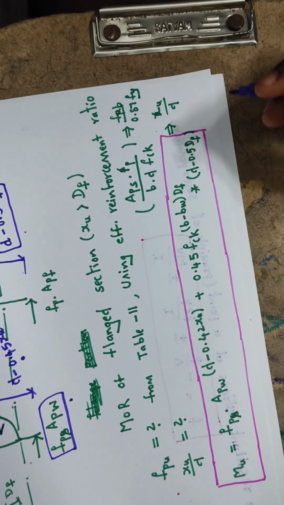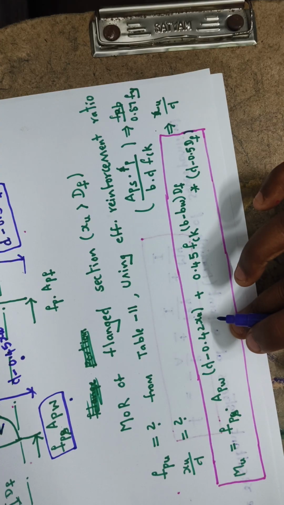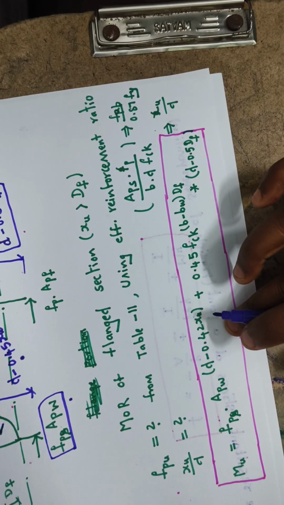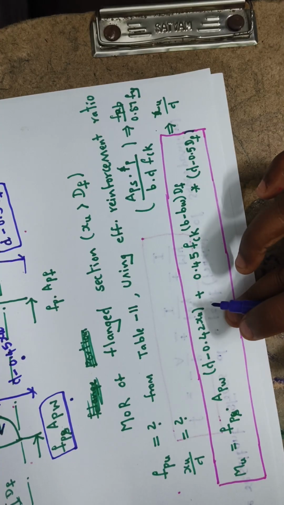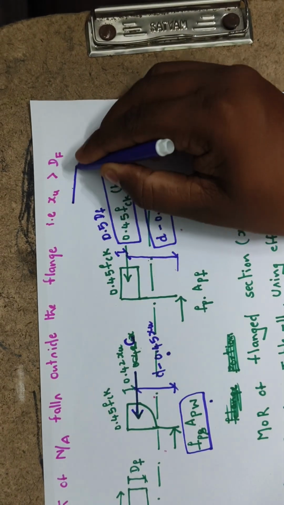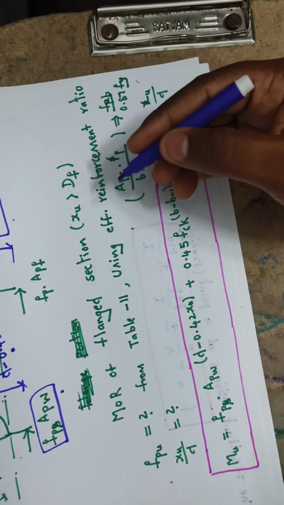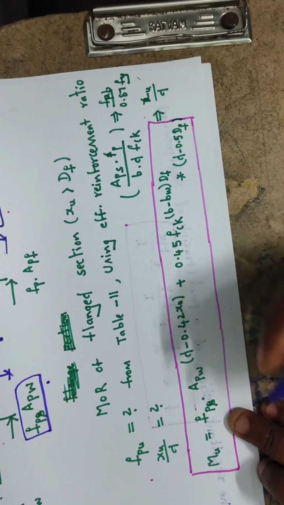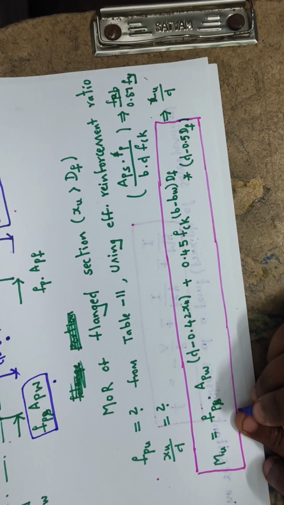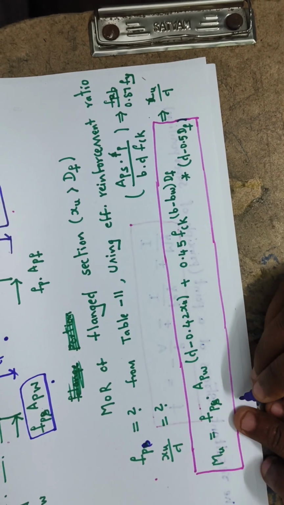This is the new equation to determine the ultimate moment of resistance or ultimate flexure strength of the T section in which the depth of neutral axis is greater than the depth of the flange. Here, we need to determine this fps value.